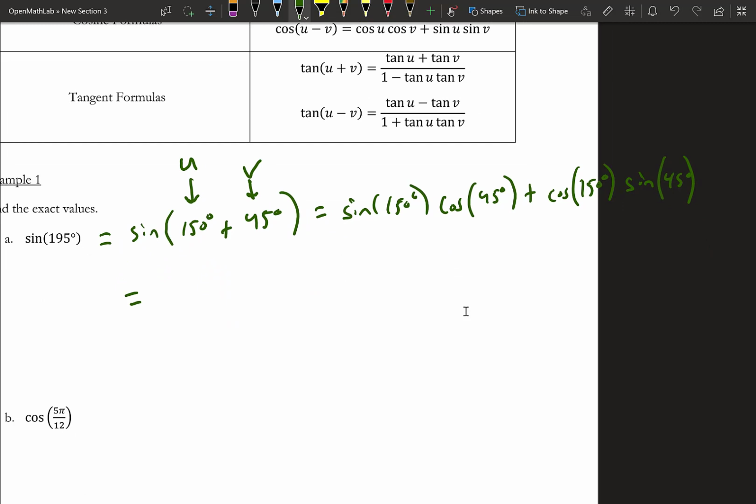So then I can just fill in the values I know, right? So sine of 150 is 1/2. Cosine of 45 degrees is radical 2 over 2, plus, and then cosine of 150 is negative radical 3 over 2 times, and then sine of 45 is radical 2 over 2. Right, so we can fill those values in.